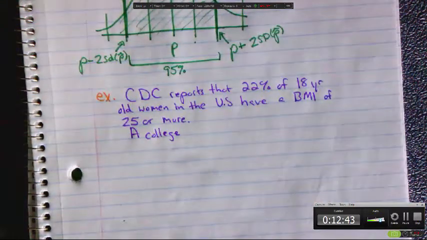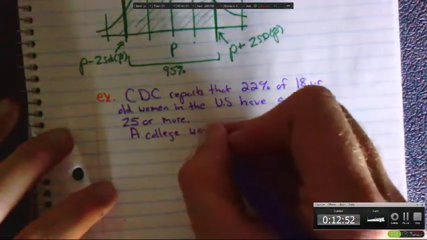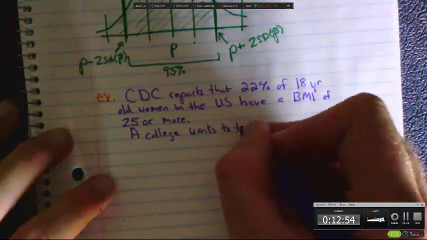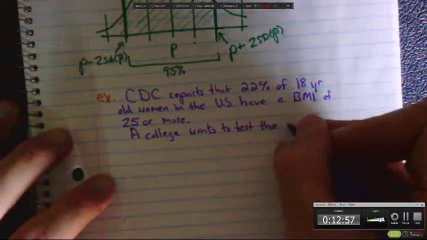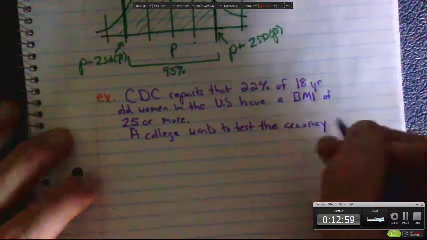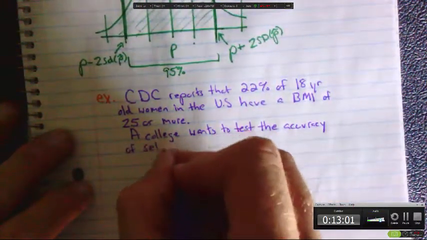Now, a college, this college is not testing if the CDC is correct, but the college is going to say, okay, let's use what the CDC is reporting to test something. So the college wants to test the accuracy of self-reporting.